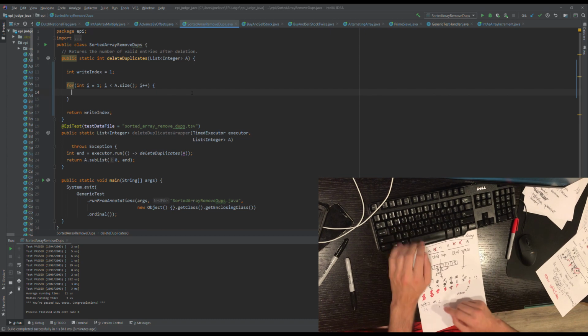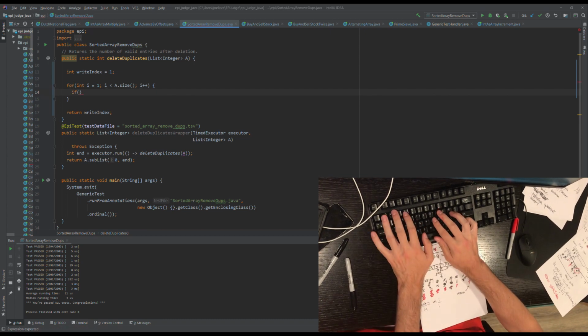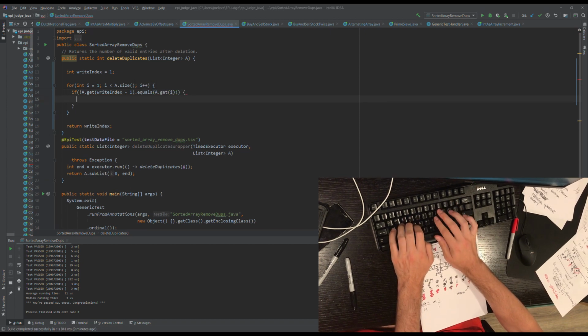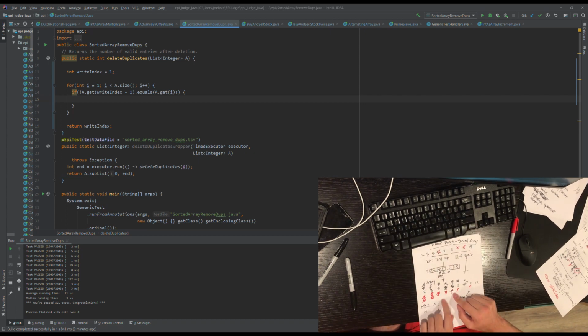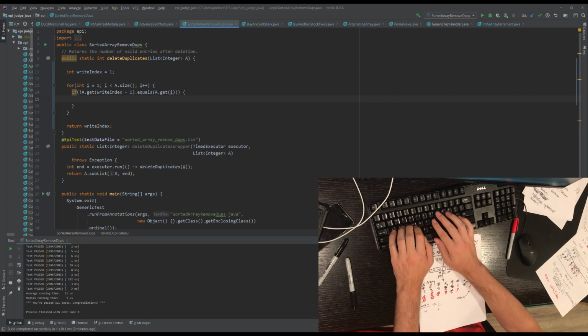What were we doing? We were comparing the values at right minus 1 and I. So if a.get at right index minus 1 does not equal a.get at I, what are we going to do? Well, what did we do when the values were unique? We would copy this value into the right index.